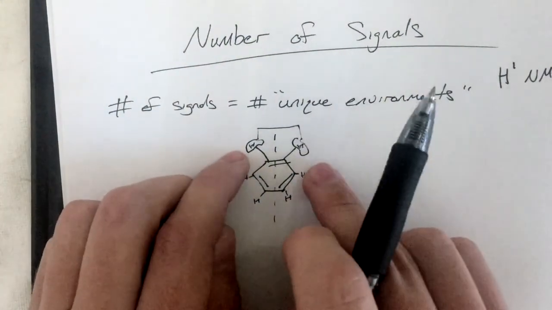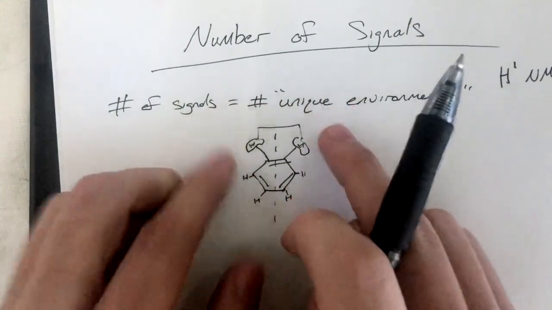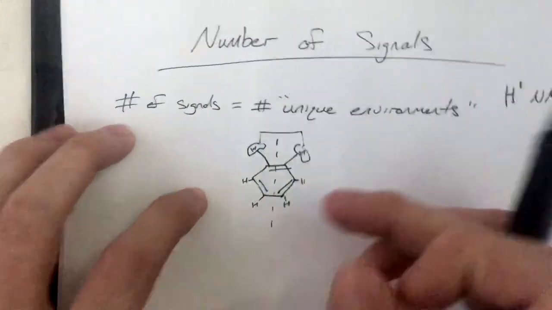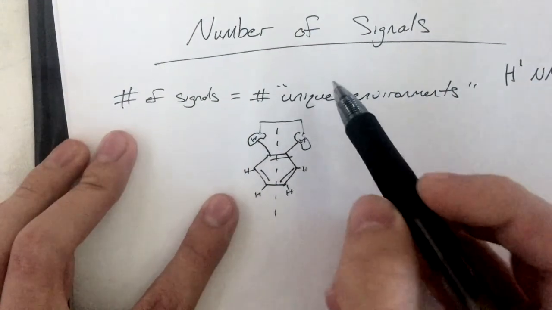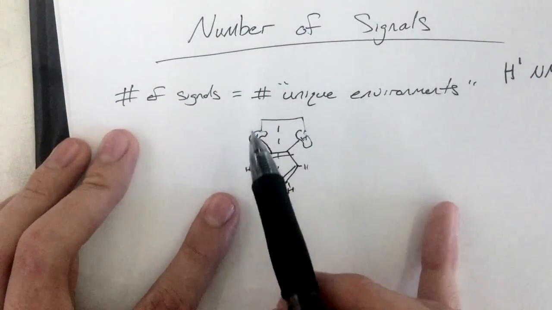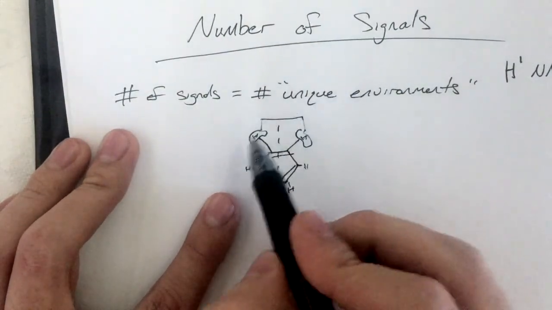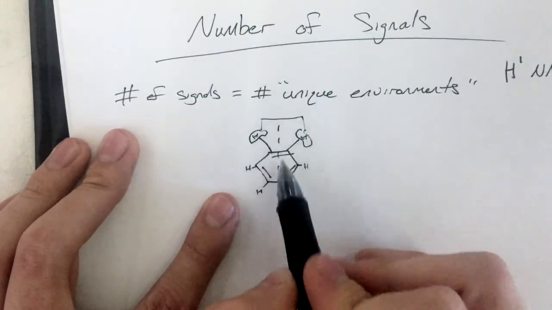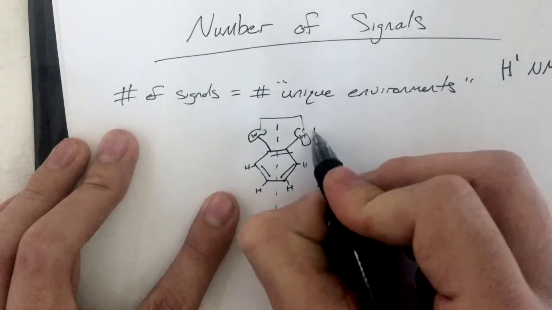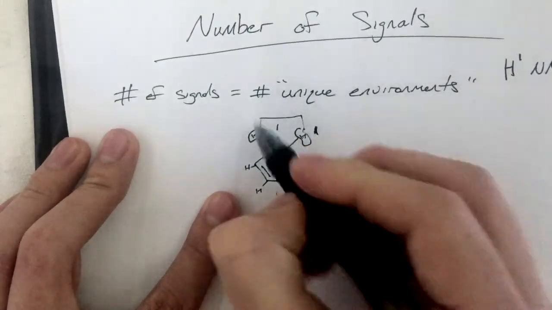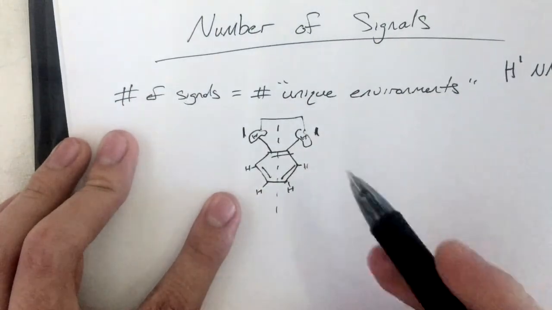These two signals will come up in the same place on the spectrum, and that is why we're considering both of these the same signal, because of this line of symmetry, these two signals will come up as one. So here I'm just going to number it 1 and 1, just because they're both the same.